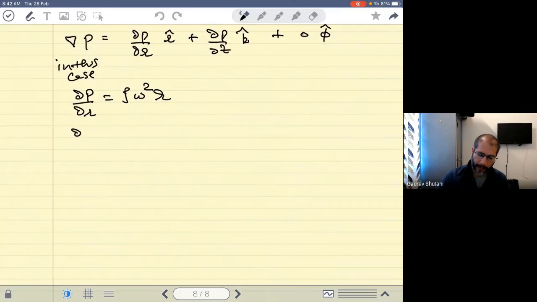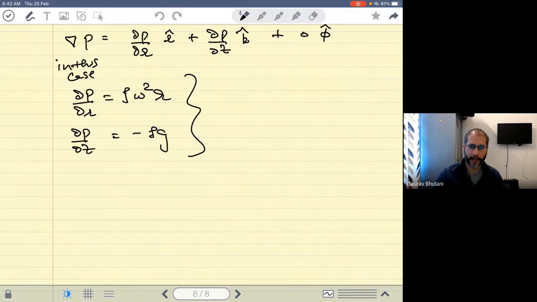And then del p by del z is minus rho g. Again, I'll let you use your ideas of vector calculus or multivariable functions and find that the pressure as a function of r and z will come out to be this.